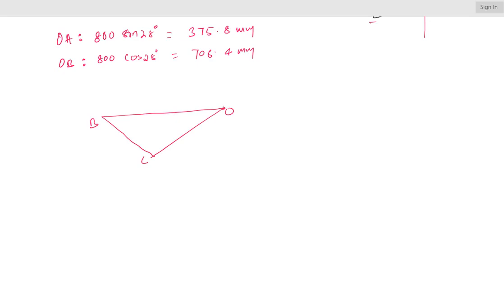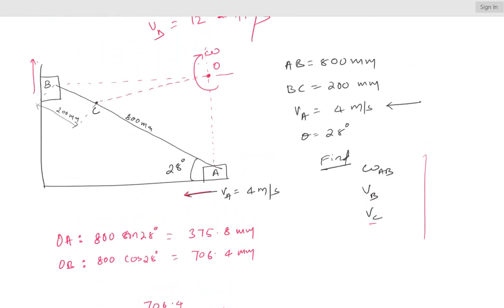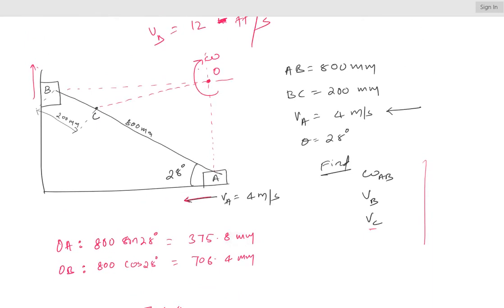We know BO or OB, which is 706.4. We know BC is 200 millimeters, that's a given, and we need to find this OC. And we know this angle is 28 degrees. How do we know that?